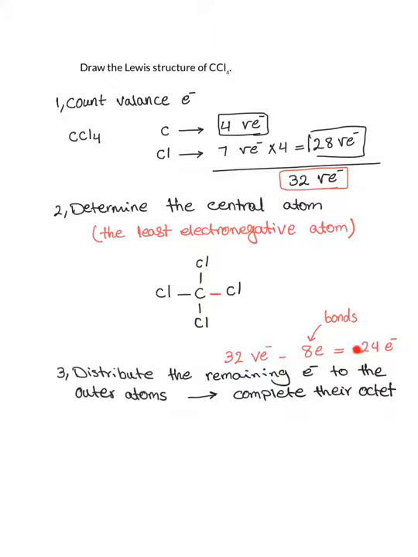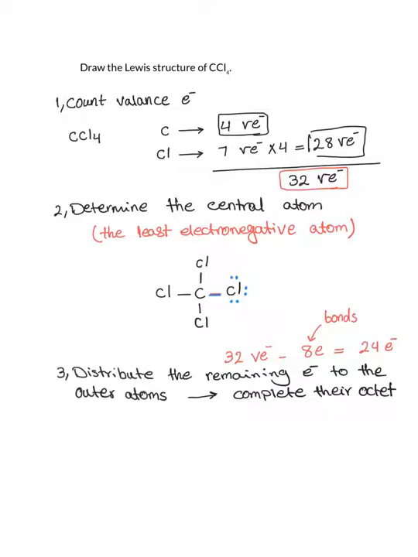I have 24 remaining electrons. So I start adding those remaining electrons to the chlorines to make them octet, and I start from the chlorine on the right. So 2, 4, 6. And I know each bond accounts for 2 electrons, so overall 8 electrons around this chlorine.